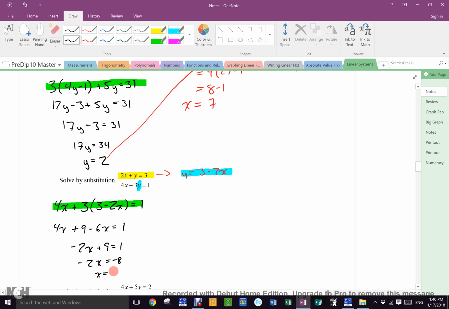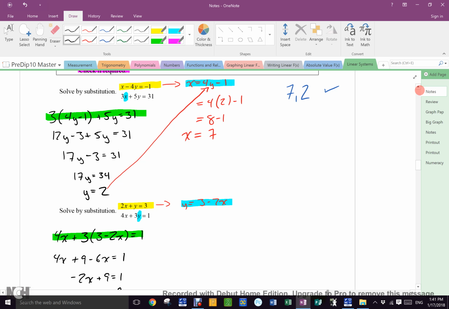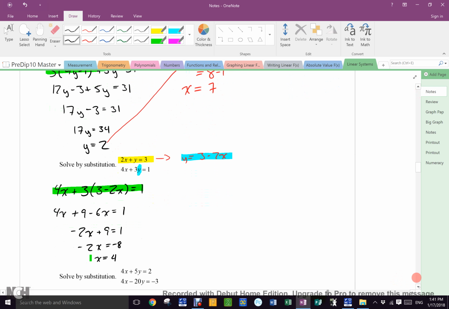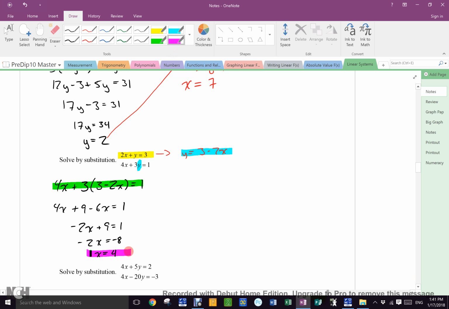X equals 4. What do I do with x equals 4 now? I take that, x equals 4, and I bring it right up there. Y equals 3 minus 2 times 4. 3 minus 8, negative 5.